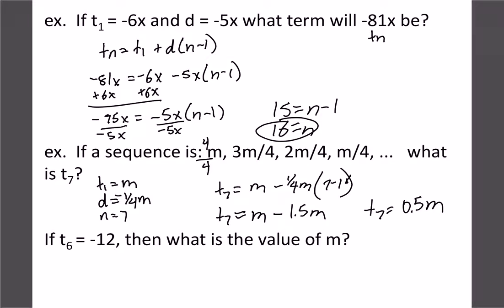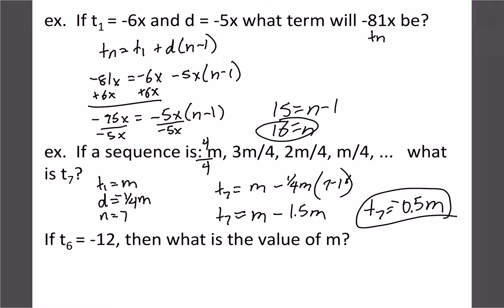Just hold on one sec. I think we have, yeah, sorry, it should be negative 0.5. 1 minus 1.5 is negative. Yeah, so we got it. So term 7 would be negative 1/2.